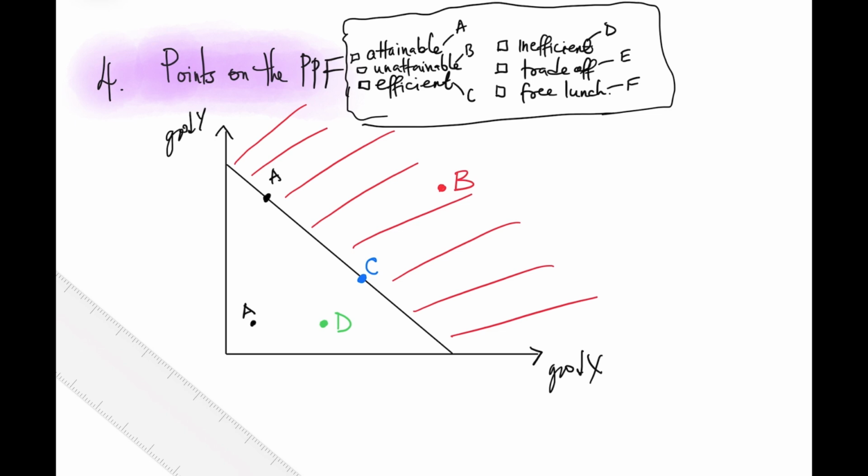Now think about this inefficient point. What is happening? I told you that with our current technology and our 4 factors of production, we can get to points on the PPF. If we are fully using our factors of production, we get to points that are efficient.